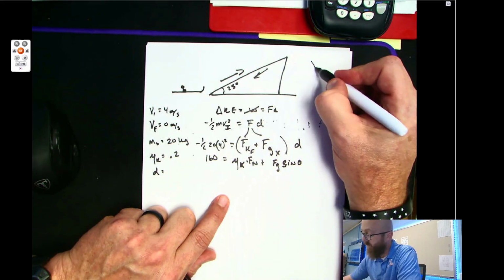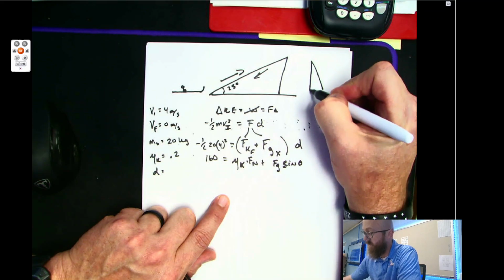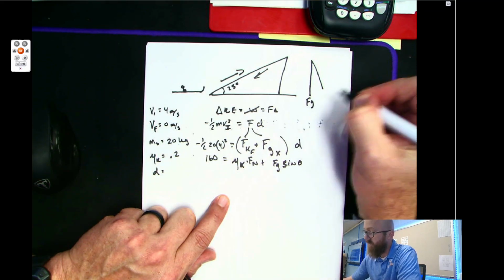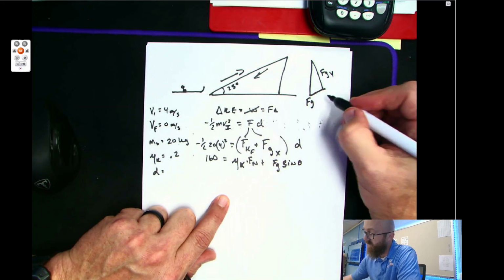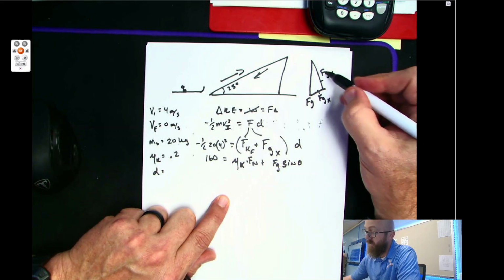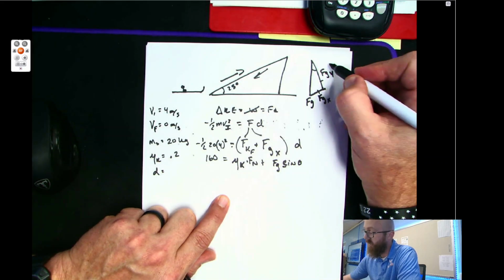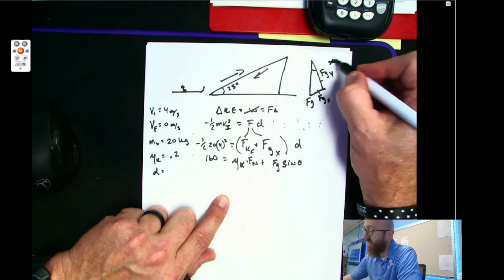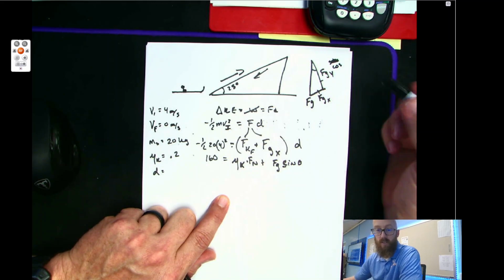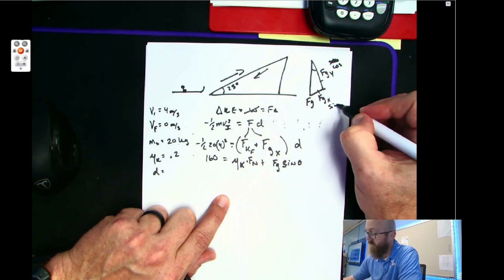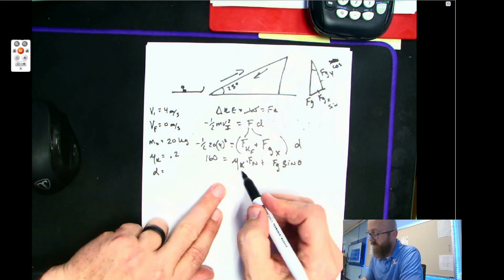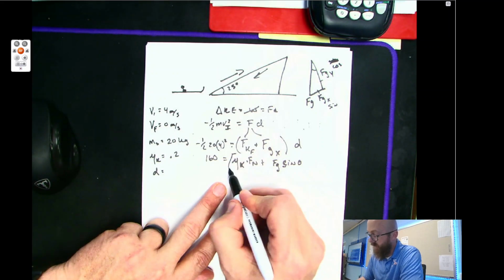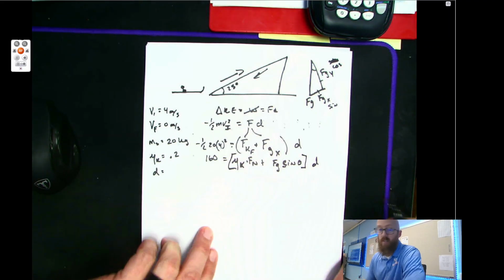And if you guys don't remember how to solve that, straight down is F of g, F of g of y, F of g of x. This is the adjacent leg, so it is cosine. And this is sine, because it's the opposite from my angle. So again, all of this times distance.